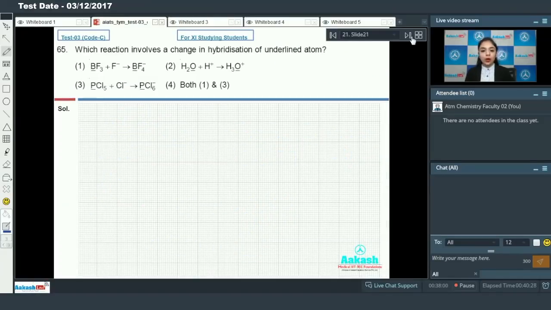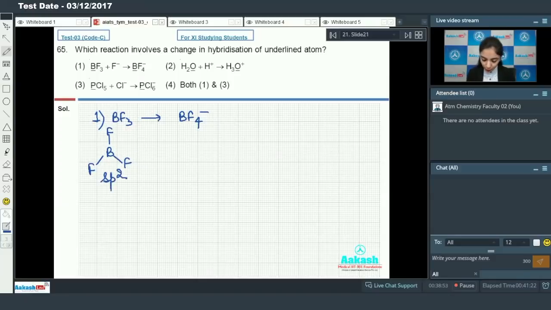So moving on to the next one now, we have question number 65, which is again related to the hybridization. So it says, which reaction involves a change in hybridization of the underlined atom. So in the first, we have the conversion from BF3 to BF4 negative. So if I draw the structure for BF3, you know that it is trigonal planar in shape, as 3 sigma bonds are present, so the hybridization is sp2.